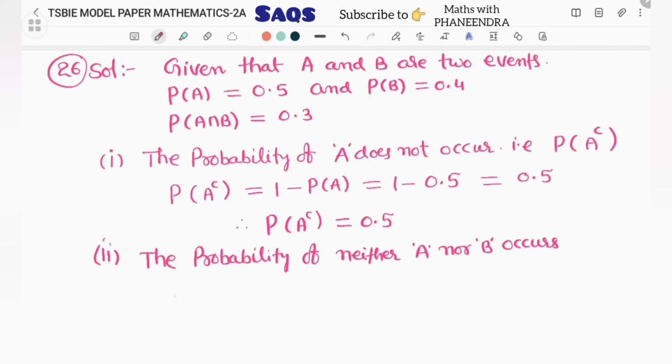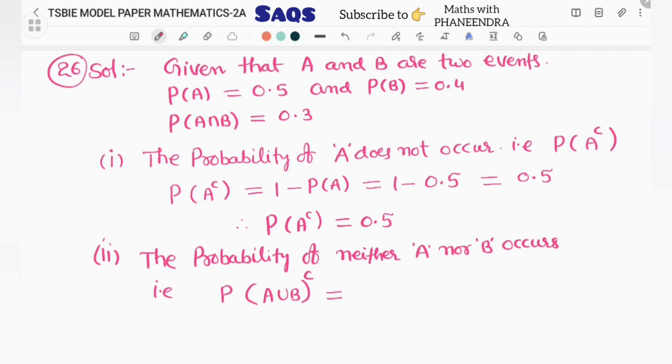That is P of A union B whole complement, or from De Morgan laws we can write P of A complement intersection B complement also. Otherwise we can write, this is easy, P of A union B whole complement, neither nor.